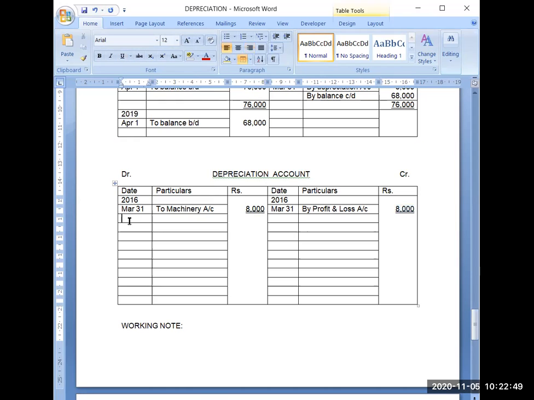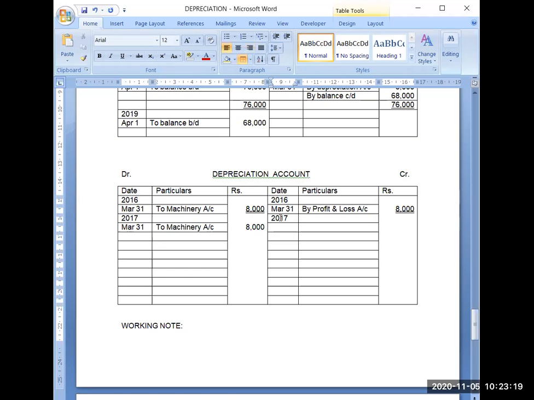Now, next year, again on 2017, I will be charging the depreciation March 31st to machinery account. Same entry will be there and same amount will be there because it is a straight line method.